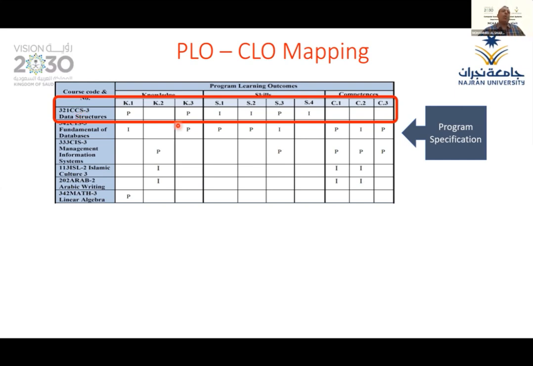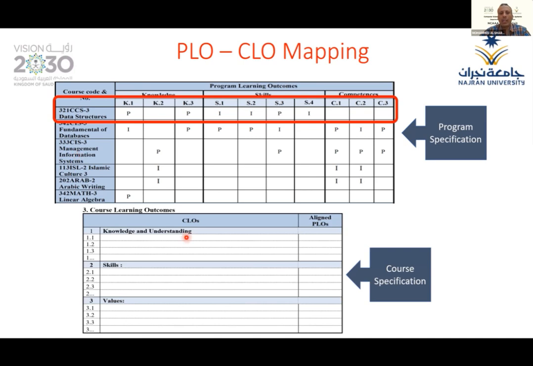So when we are designing now, the curriculum mapping shows exactly the relation between the courses and the PLOs. Based on that, when we design our syllabus or CLOs for data structure, for example, we will come to design the course specification and create the CLOs. When I'm designing the CLOs of data structure, they should be inherited and mapped with the same learning outcomes in the curriculum mapping.